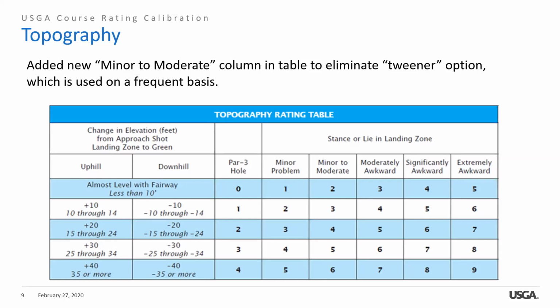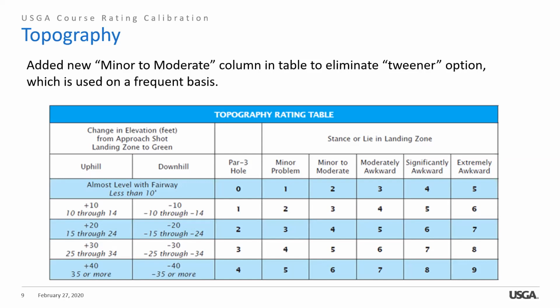So then the approach shot, in fact, is that landing zone that's the approach shot to the green surface, and you evaluate the elevation change as well as your indication of what the stance and lie issue is.